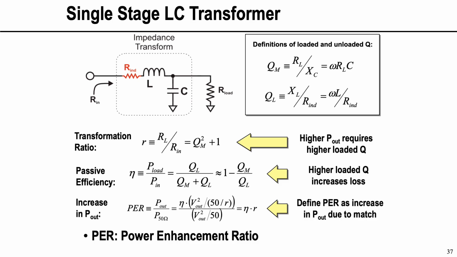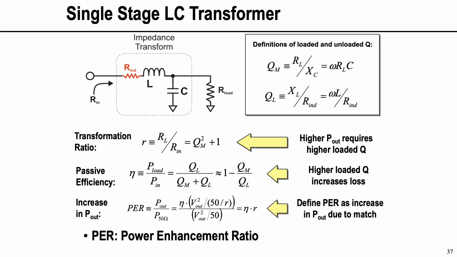So for the inductor, you can have a quality factor defined, a Q for that inductor. And then the impedance transformation of this network, R load divided by R n, is Qm squared of the network plus 1. The passive efficiency, the ratio of the power delivered to the load to the power that goes in, is basically determined by 1 minus Qm over QL.